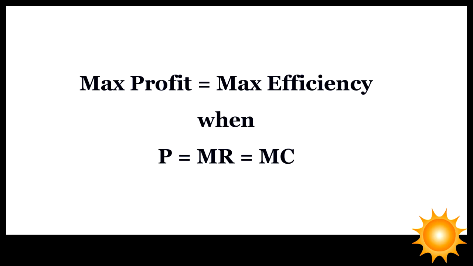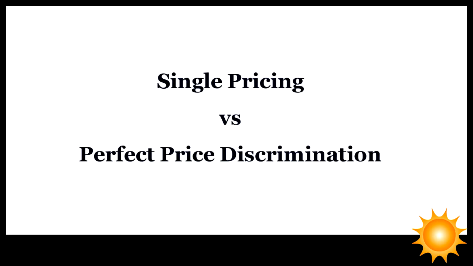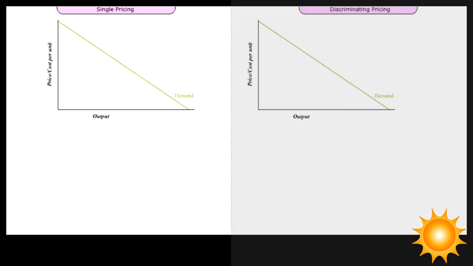We will compare two modes of pricing, namely single pricing versus perfect price discrimination. Single price P_SP applies to all units sold. Therefore, P_SP is an average price.